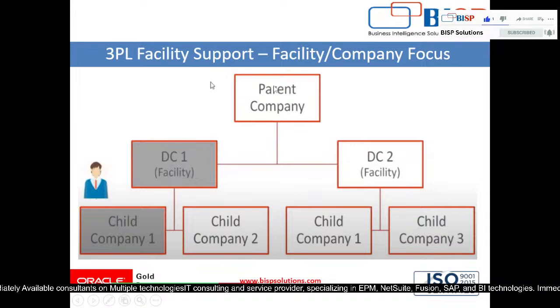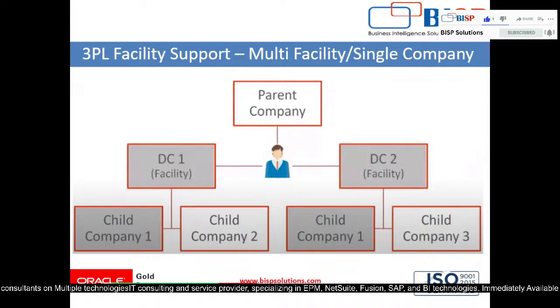So this is a single facility, you can say. And if you look at multiple facilities, the user is set up at the distribution center level, right? So we have a user with access at the DC level, and they have access to all these distribution units in the facility. You can see it over here. They can only have access to company 1 in DC1 and company 1 in DC2, right?